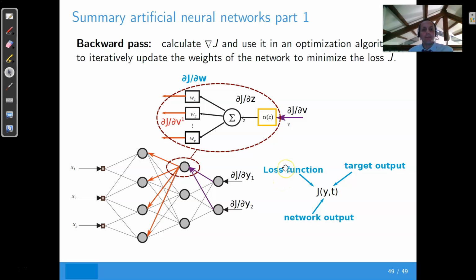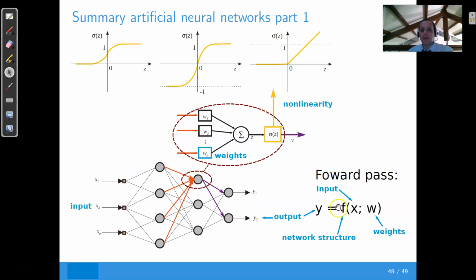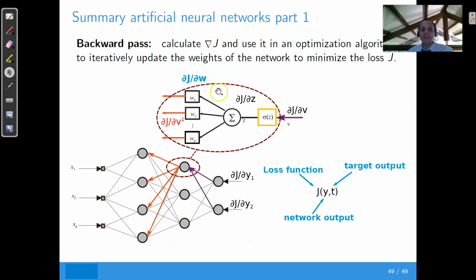And the training of a neural network consists of two phases. The first one is the forward pass, which means that the output is computed as a transfer between the input and the output of the neural network. On the other hand, we have the backward pass.